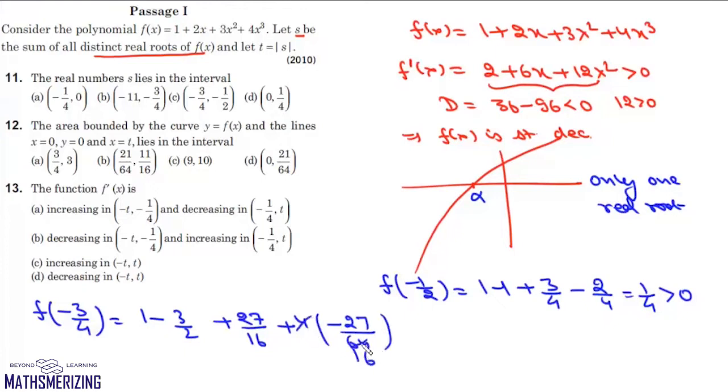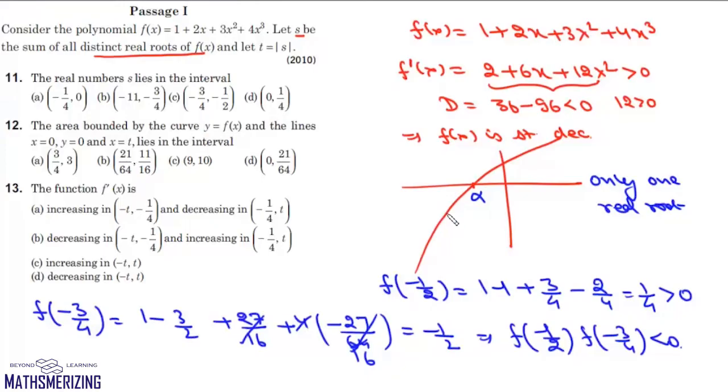Now this 16 will cancel. Now this value is minus 1/2. From here we can say f(-1/2) into f(-3/4) is less than 0. That means at least one root of this equation will lie between -3/4 and -1/2 using Bolzano's theorem.